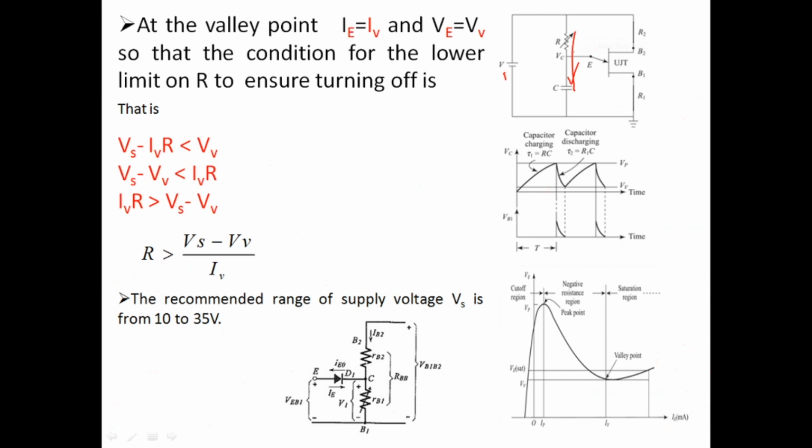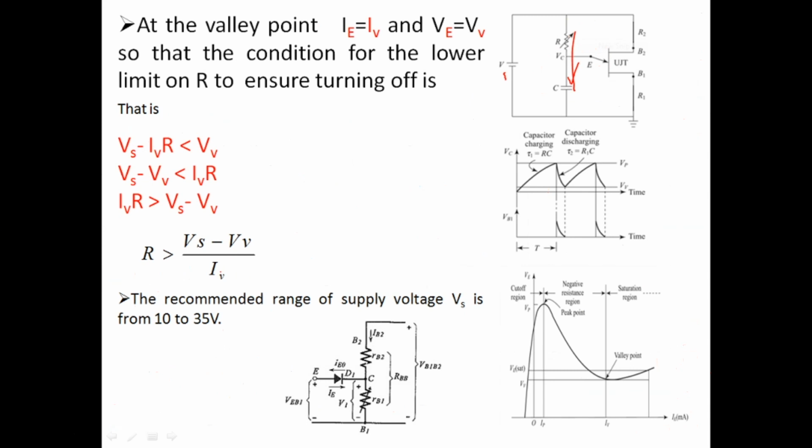It is coming from this, so I choose IV R should be less than Vb. So Vs minus Vb should be less than IV R, or R should be greater than Vs minus Vb divided by IV. So this is a condition.